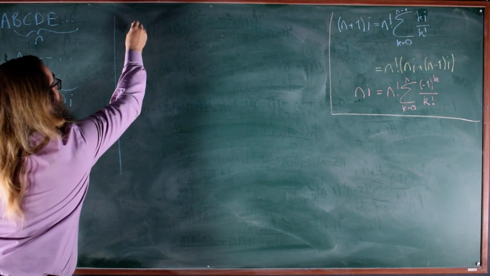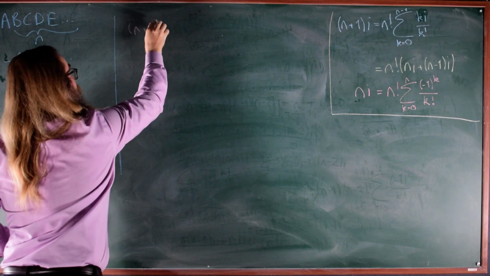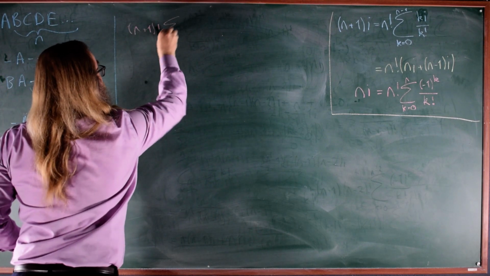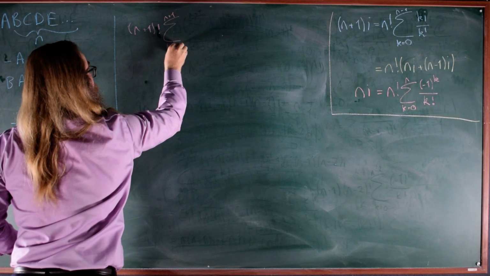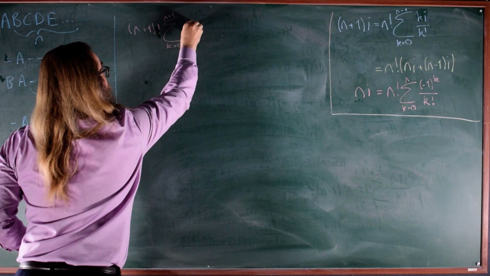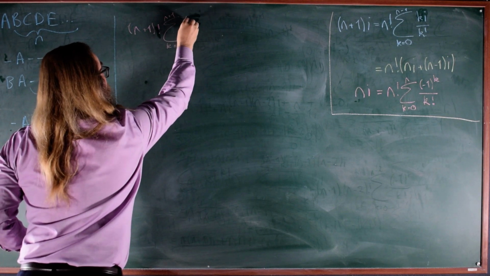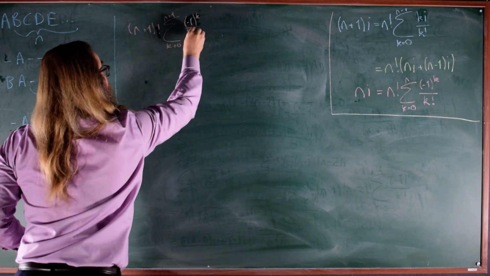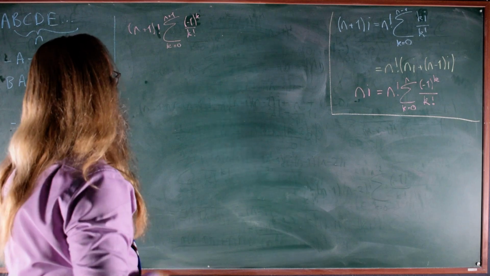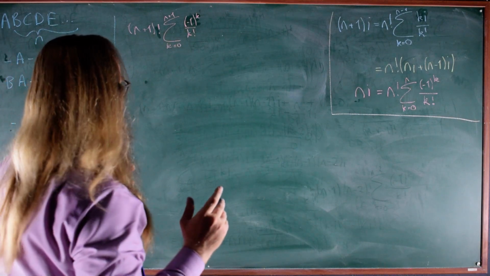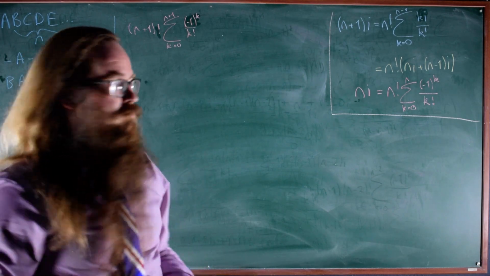Okay, so I have n plus 1 factorial, the sum to n plus 1, k equals 0 of k subfactorial over, oh shoot, this is the new formula, minus 1 to the k factorial. So no subfactorials now, no iteration at this point. Okay, I do something extremely similar. I extract the highest term.